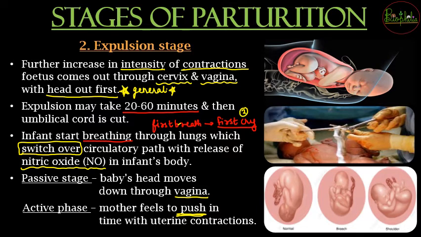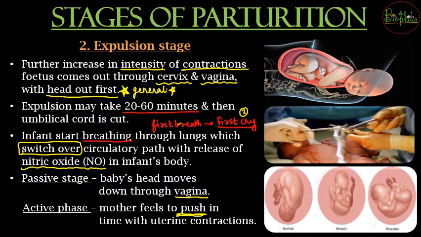So once the baby is out, the birth has actually been completed. But now after the birth, the umbilical cord is going to be clamped. And in the most iconic scenes of all those Bollywood movies, dramas, or serials, the umbilical cord is being cut. So that cutting of the umbilical cord is important.